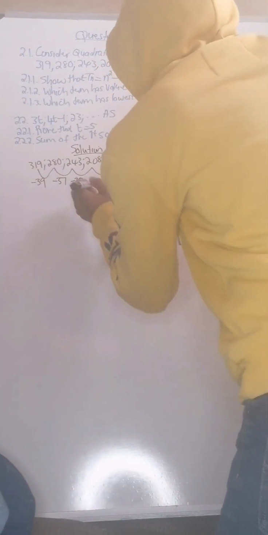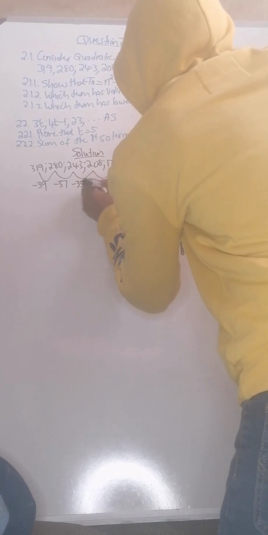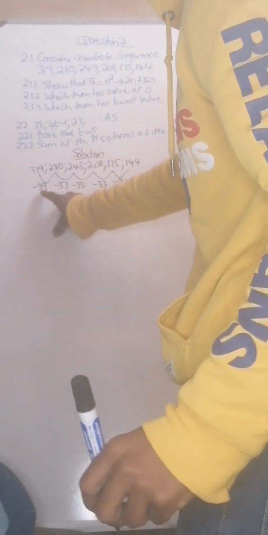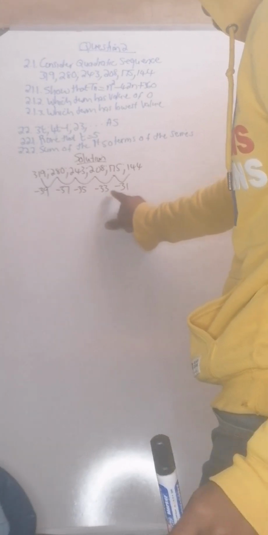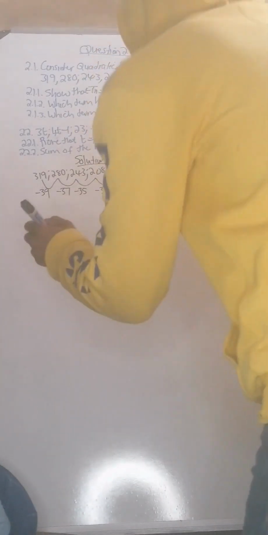I'll go to the second one and do the same. 243 minus 280, I get minus 37. It seems like the next one will be minus 35, then minus 33 and minus 31, because 9, 7, 5, 3, and 1, you just keep on subtracting 2.